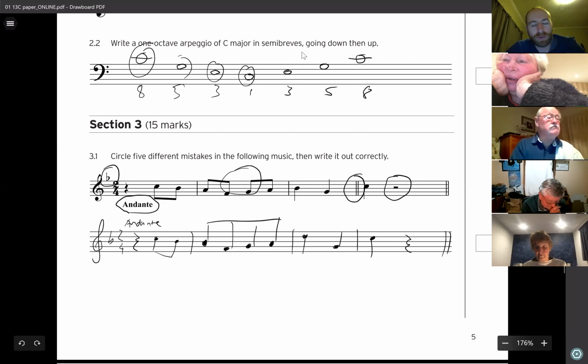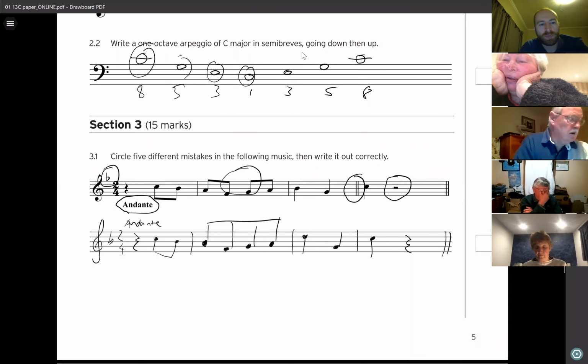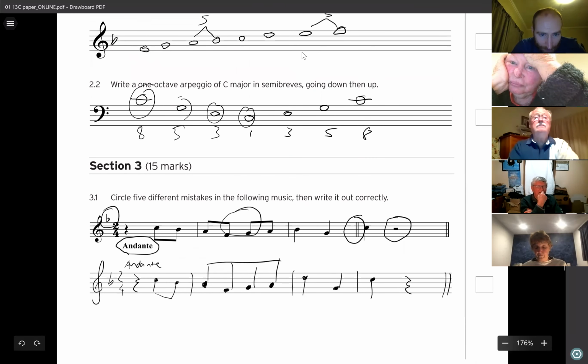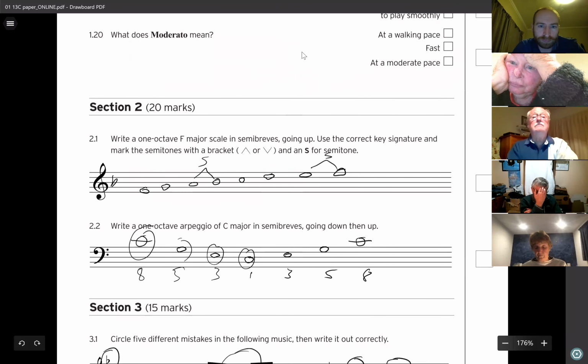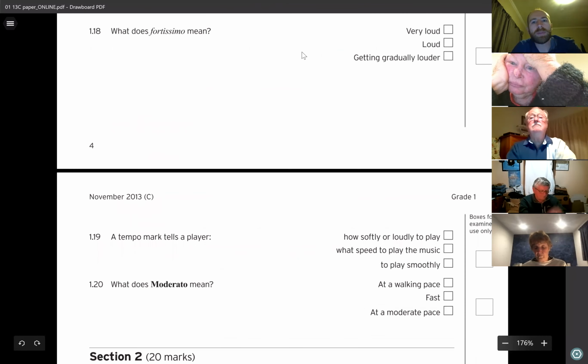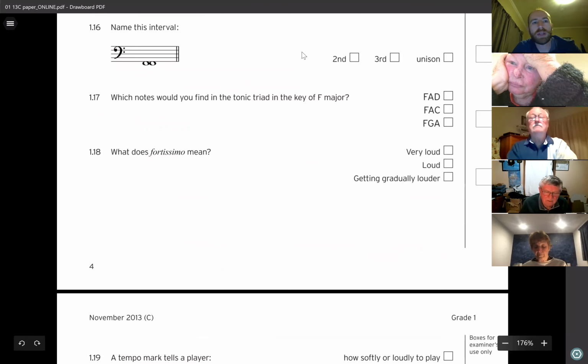The mistakes in the music: we've learned that the tempo markings have to go above the stave and the dynamic markings are below. And we've learned how to put lines across if you've got 4 quavers in a bar. Otherwise, most of this should have been familiar to most of us.